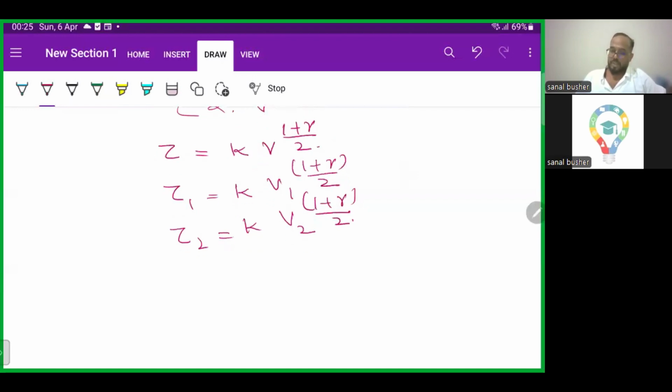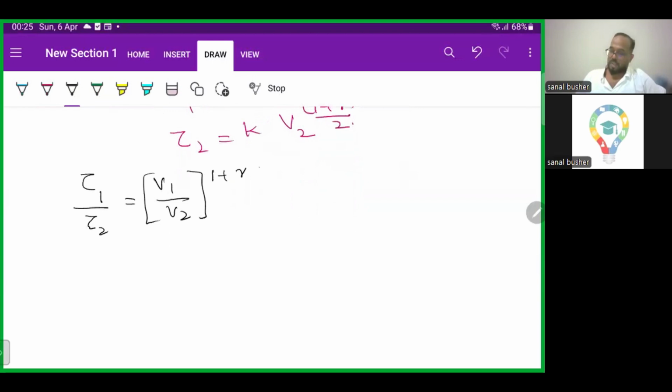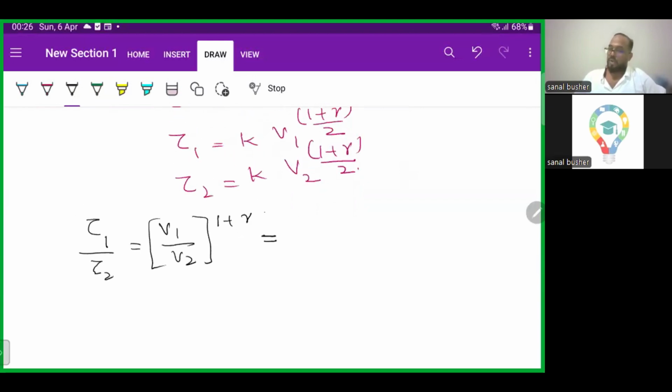You take the ratio: tau 1 by tau 2 equals V1 by V2 to the power 1 plus gamma by 2.